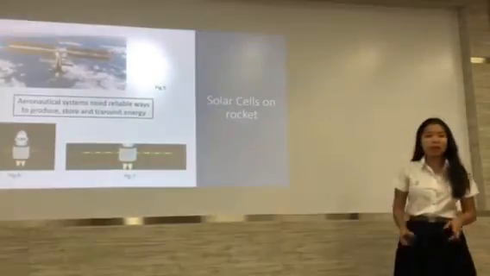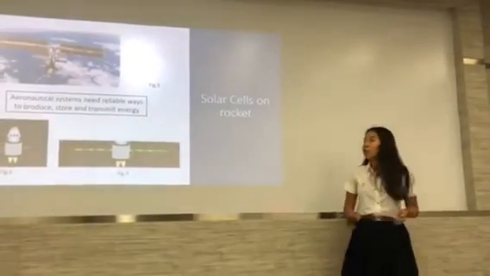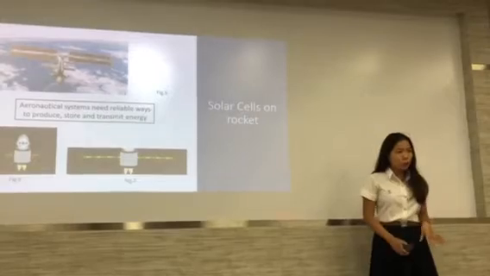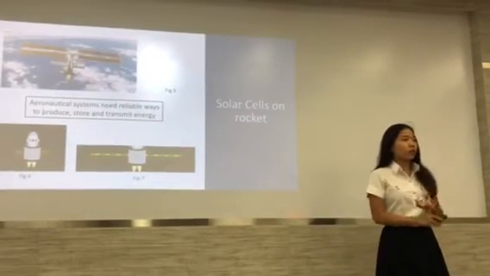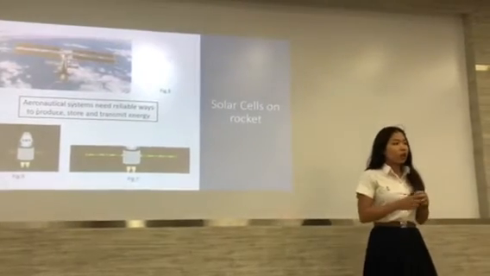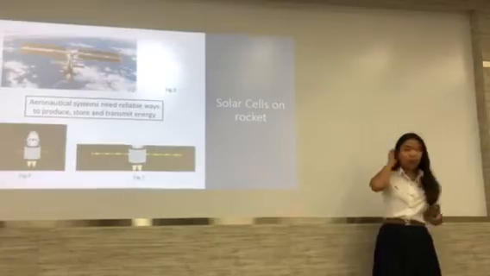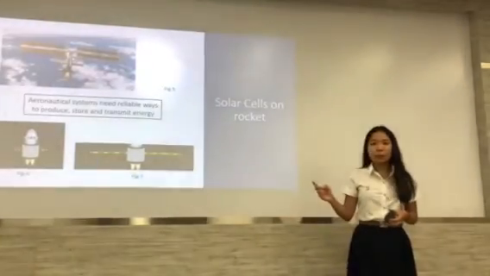Moving on to my second point, the solar cell on rocket. Aeronautical systems need reliable ways to produce, store, and transmit energy. So engineers have introduced something called a silicon-based solar system.